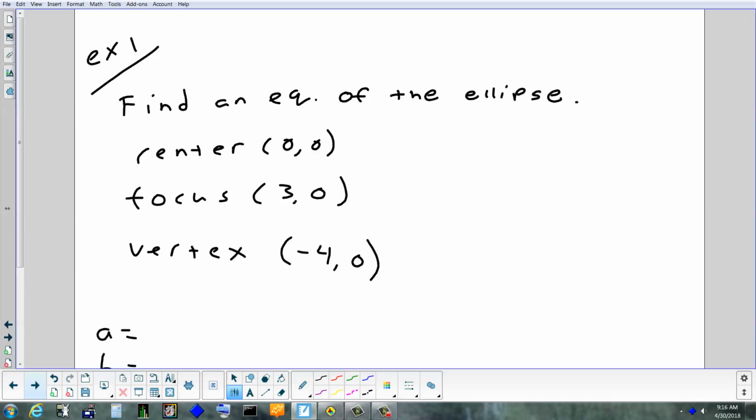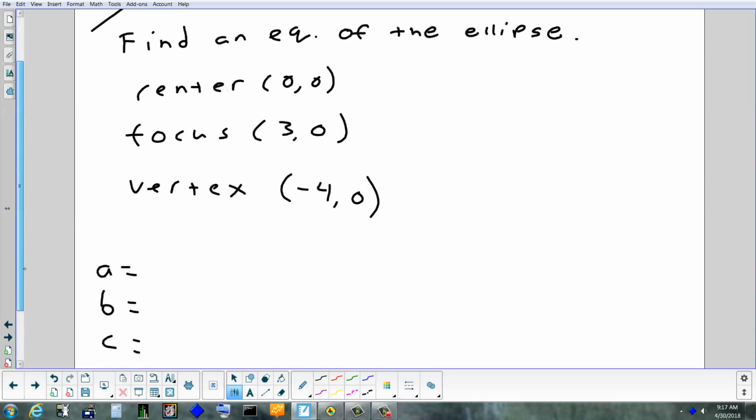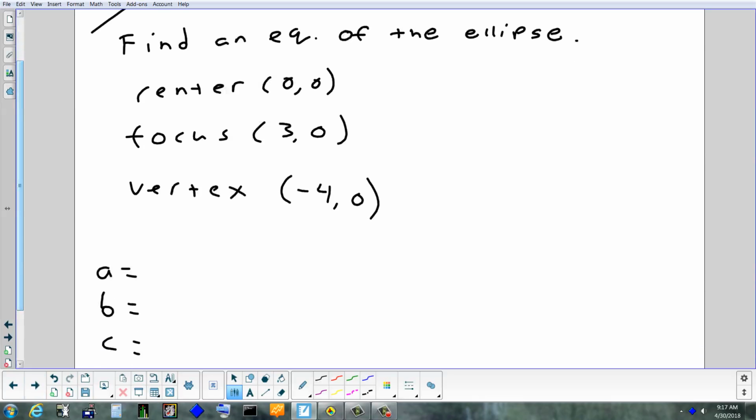So this is the case where the center is (0, 0), the focus is (3, 0), the vertex is (-4, 0). Anytime you do a conic section problem today or tomorrow, you always want to start by finding A, B, and C. Looking at the information they gave us, let's start with A. Do we have enough information to find A?